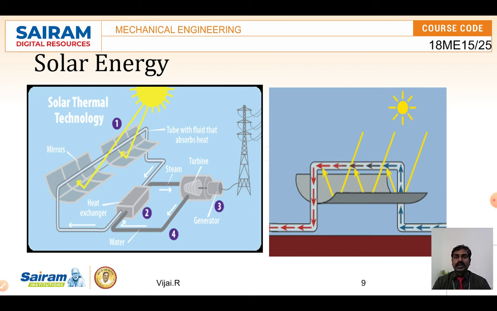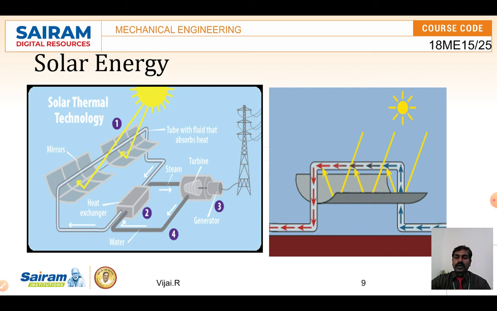This is the concept of parabolic reflectors, like the lenses we might have seen that focus rays at a point. Here the reflectors concentrate the sun's rays at a single point of contact, on the pipes where the water is flowing.